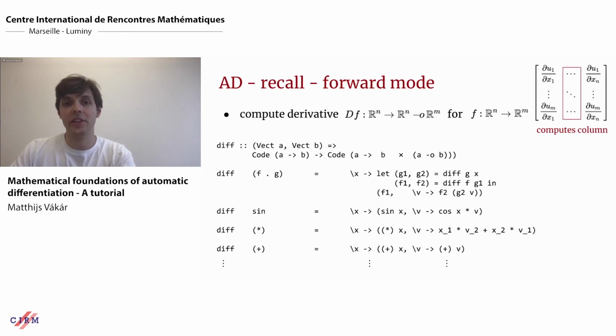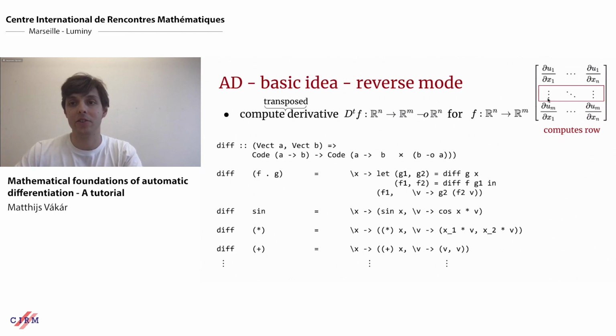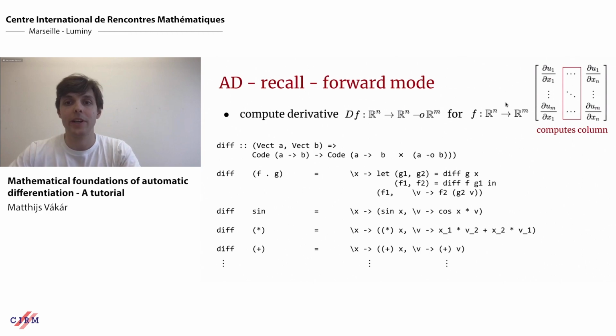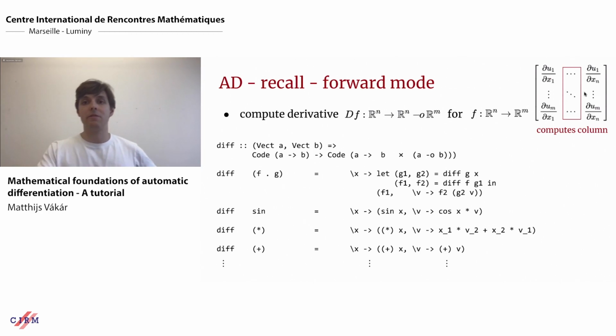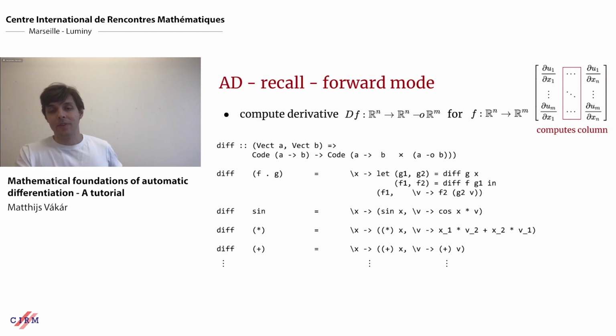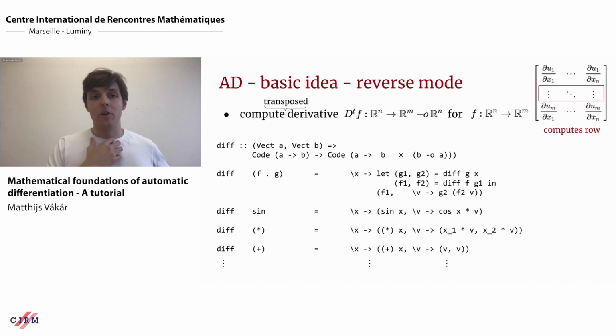So what you're seeing here is we're swapping the n and the m in the derivative, right? So we're transposing the matrix of derivatives. And the reason that we're doing that is because we want to calculate not a column of the matrix of derivatives efficiently, but a row, right? That's what we care about doing efficiently. And transposition swaps columns and rows.